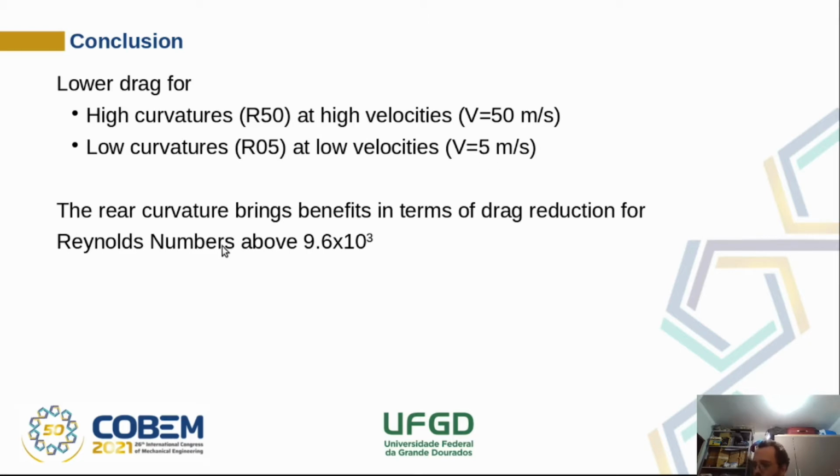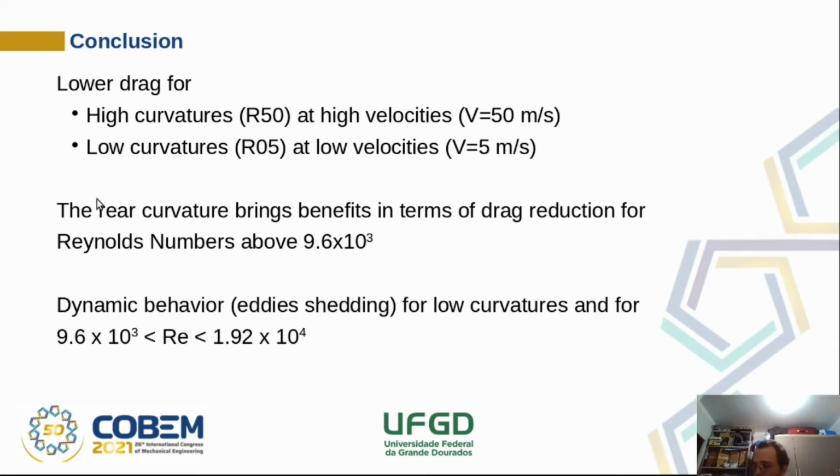The rear curvature brings some benefits in terms of drag reduction only for Reynolds numbers above 9,000. We also observed some dynamic behavior, that is vortex shedding, the periodic behavior for low curvatures and for Reynolds numbers between 9,000 and 19,000.